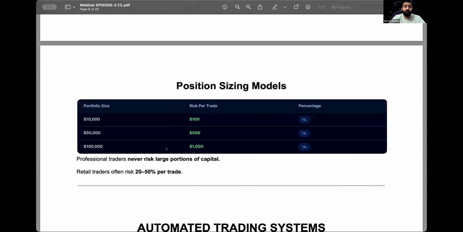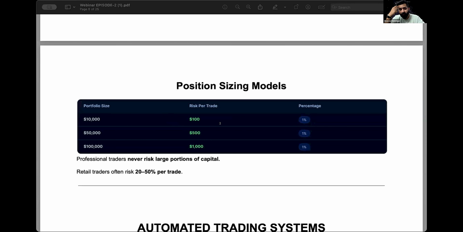Then we understand the position sizing models. Here we will see clearly the risk per trade, which is position sizing, one of the most significant factors in deciding what position to go with for a particular trade.